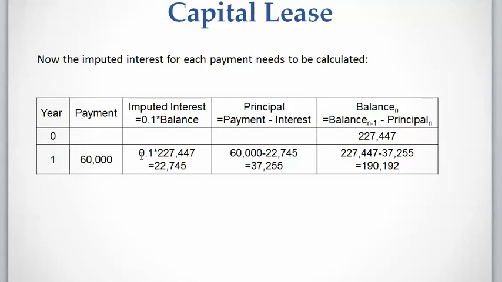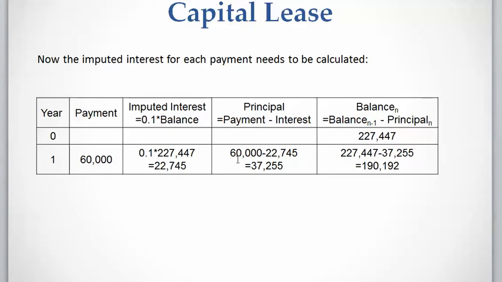So 10% of this equals $22,745 of interest for year 1. So from $60,000, that is the interest portion, and the rest is the principal.